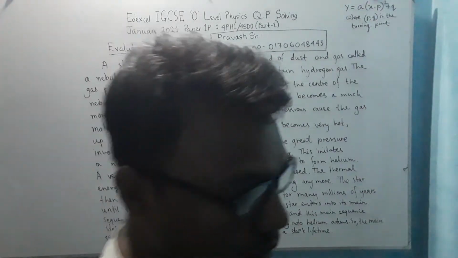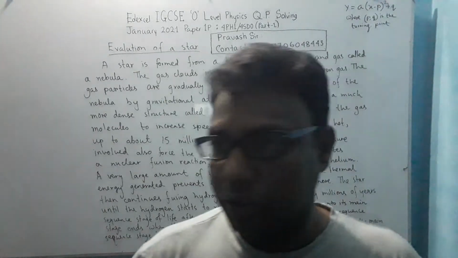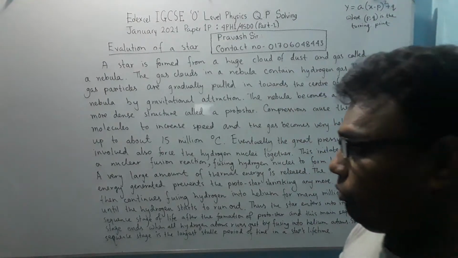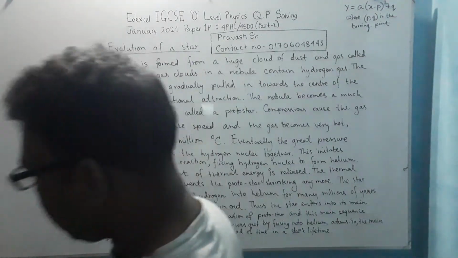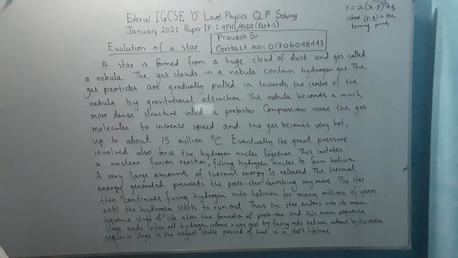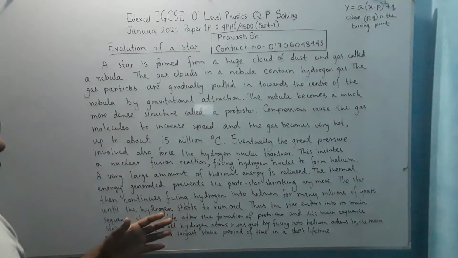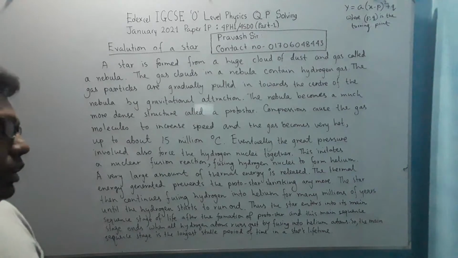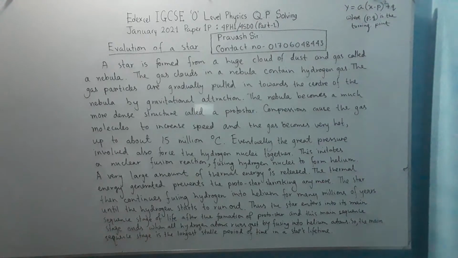So the first stage of a star is the nebula, after that the protostar, and after the formation of the protostar the main sequence stage starts, which is the longest of all the stages.